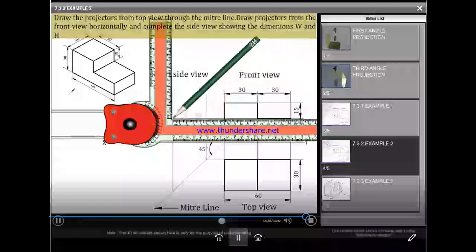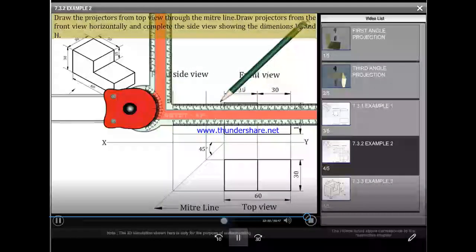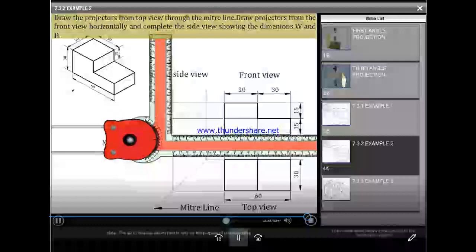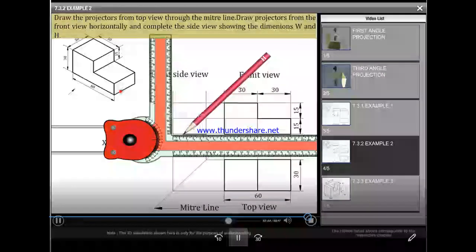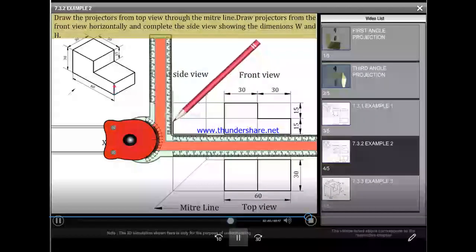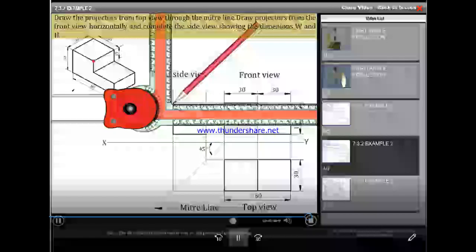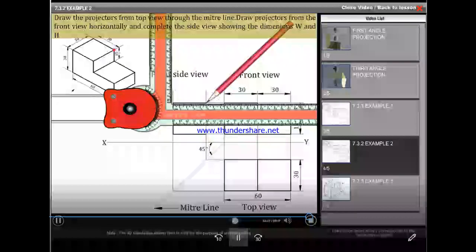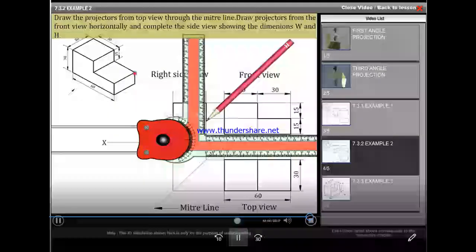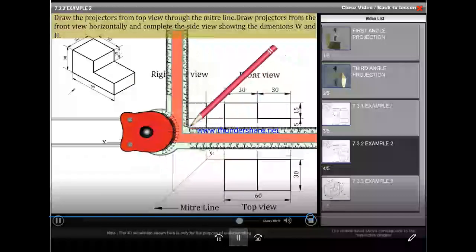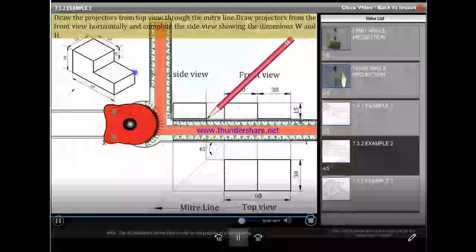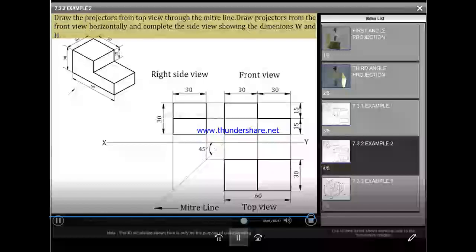Complete the right side view. Show the dimensions appropriately in all the three views.